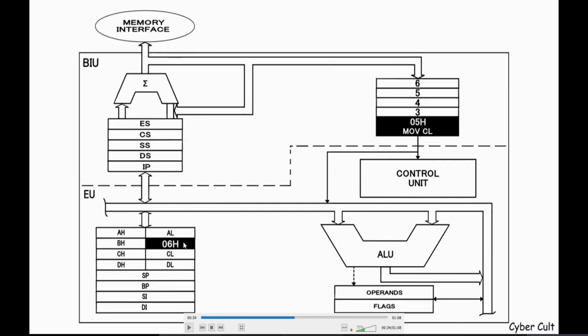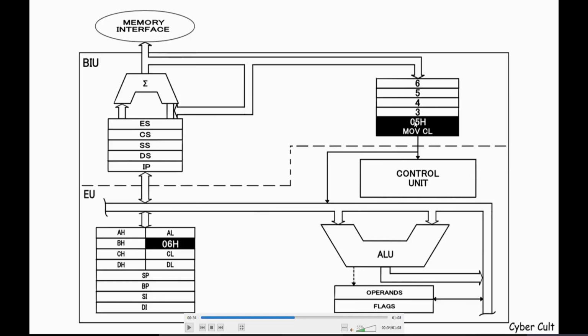The destination of this 06 was BL. Fine. So the operand which was picked from the memory interface is then loaded into the specific destination, whatever destination it was having.